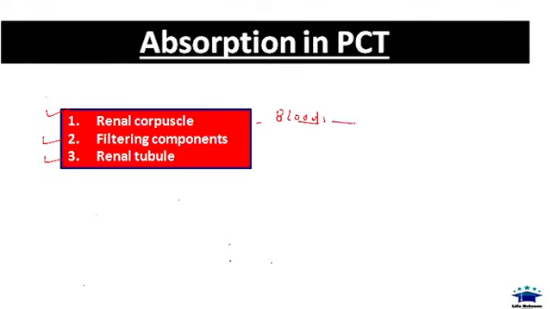So in the corpuscle region, blood is converted into a filtrate.